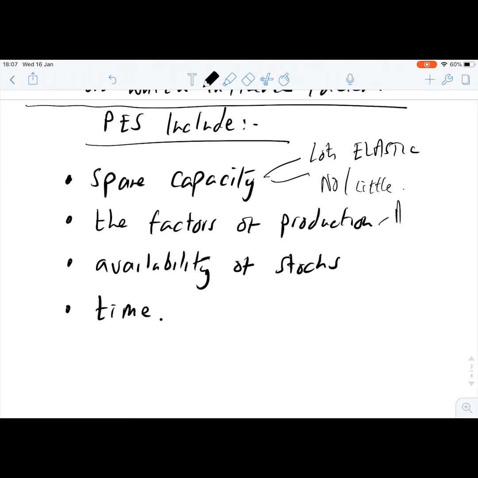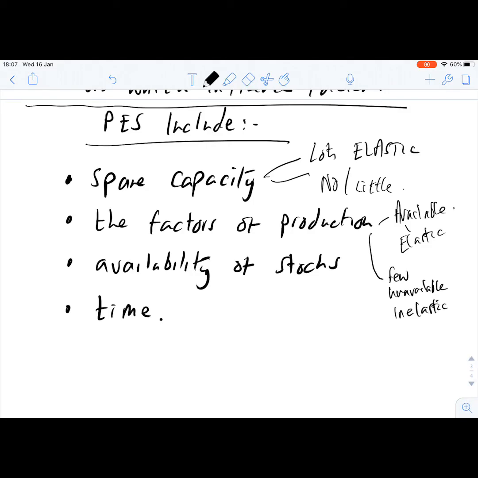If there is lots of factors of production available, then yes, supply would be very elastic. However, if there is few available or it's unavailable, then supply is likely to be inelastic.